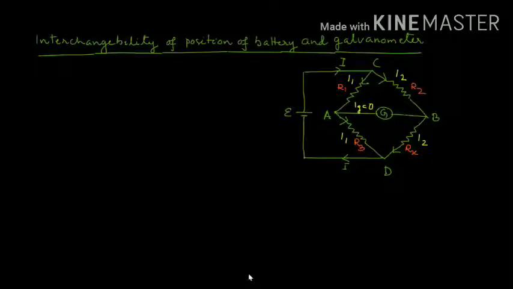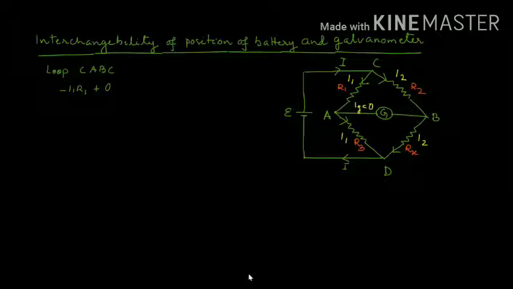Let us apply Kirchhoff's loop rule to the loop CABC. Product I1 R1 is negative, minus I1 R1. Current through the galvanometer is 0, so the product of current Ig, that is 0, into the resistance of the galvanometer is 0.